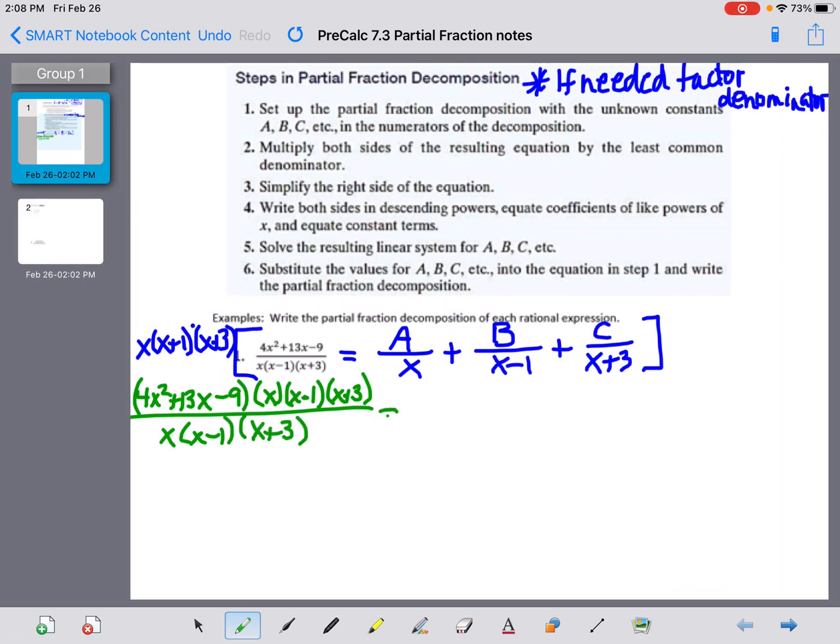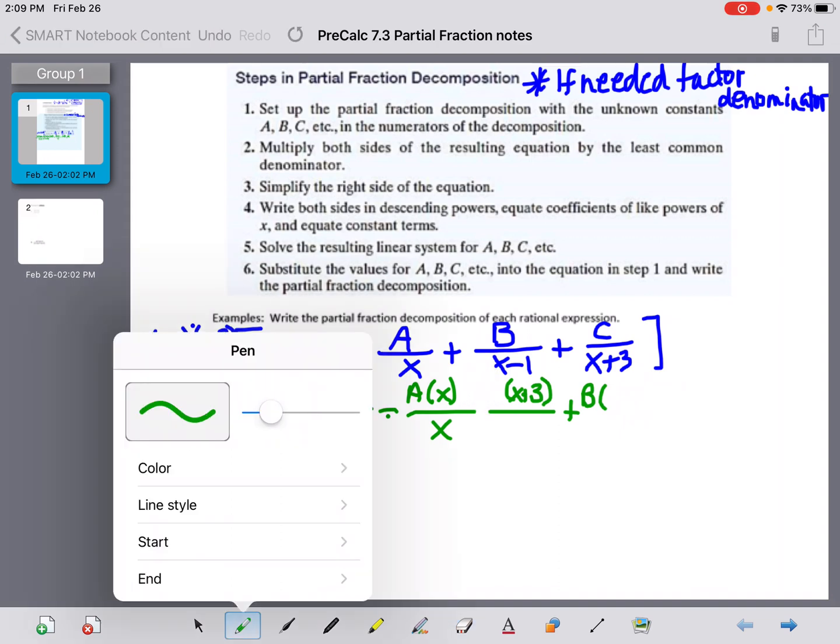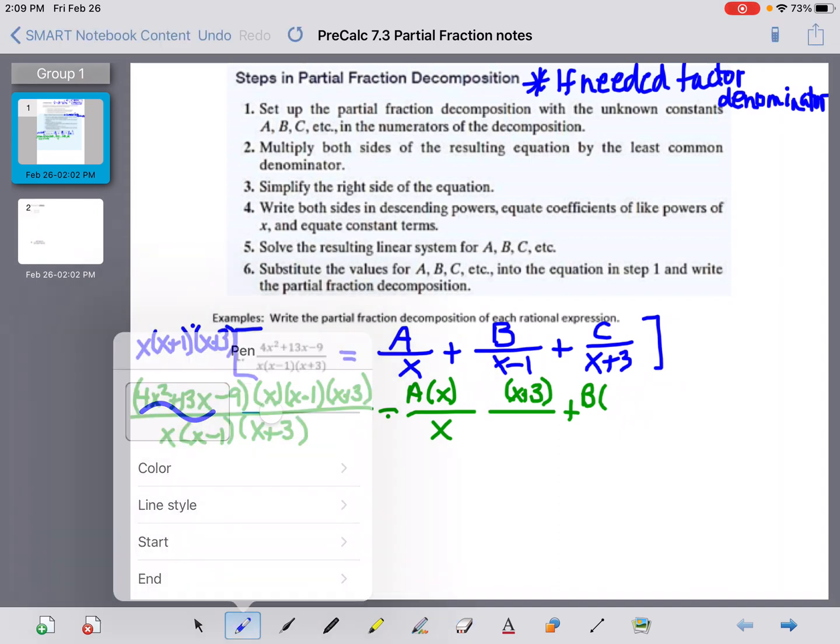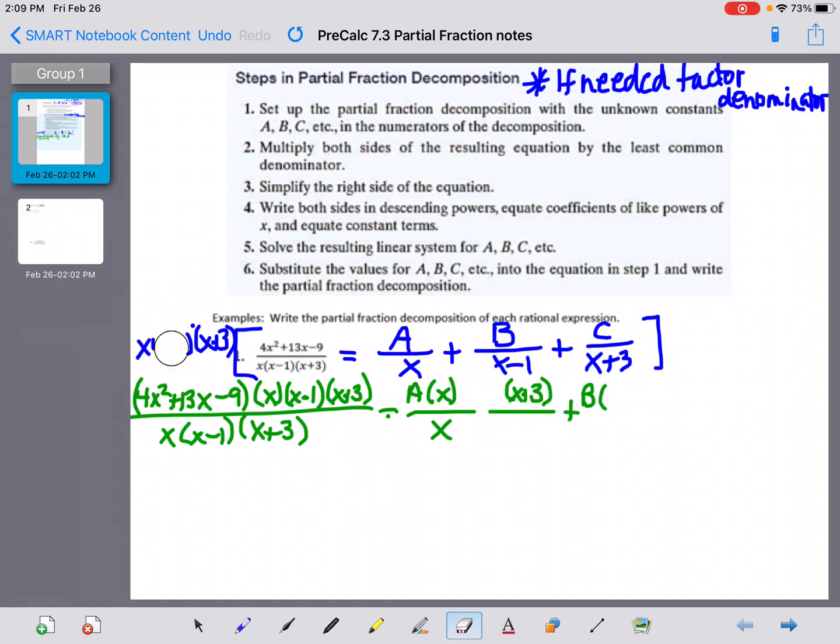Then I have a up here on top times x plus 1 times x plus 3 all over x. Then I have b times x plus 1. Okay, I need to fix my typo because I'm messing myself up. This is not x plus 1.